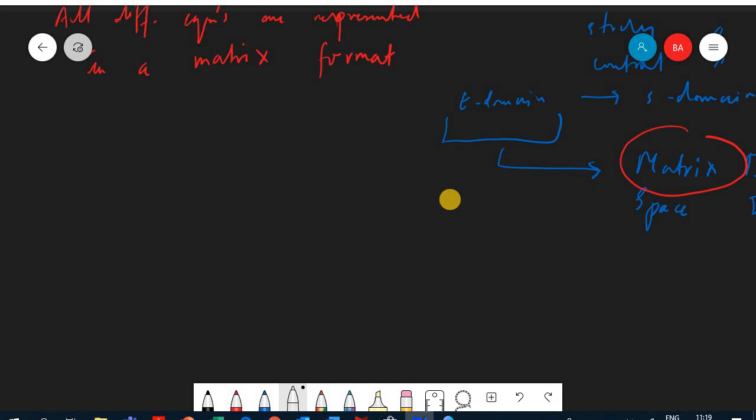There could be a different approach, and I'm going to come to it because it is important to know how to go from state space to transfer function, and from transfer function back to state space. But just to build up the idea, this is the approach that I prefer.